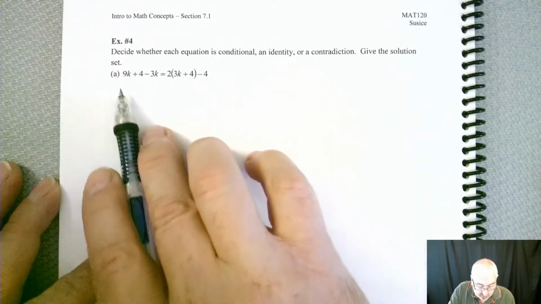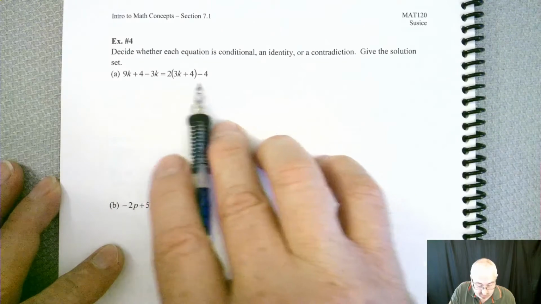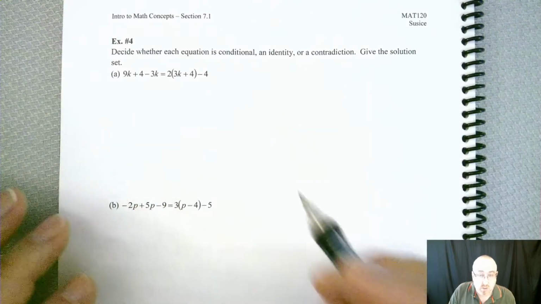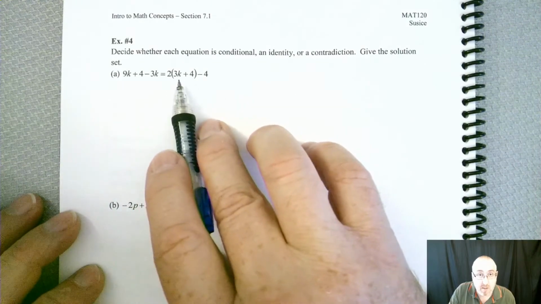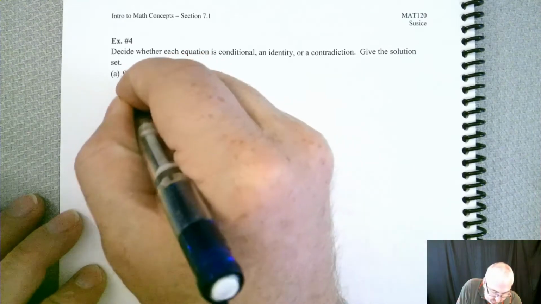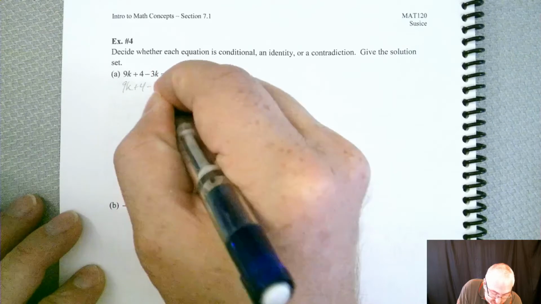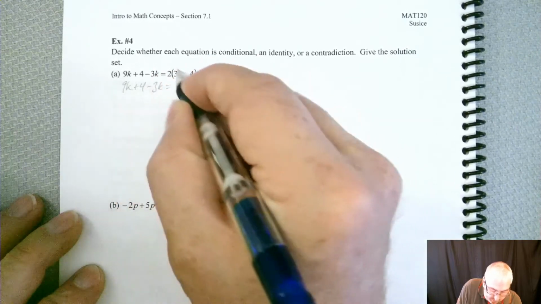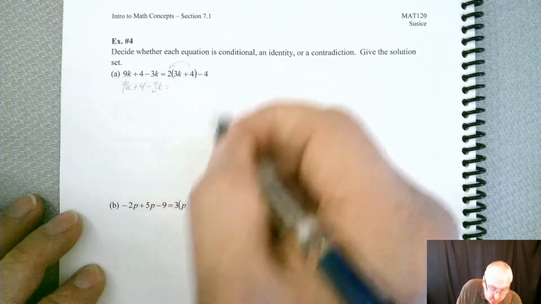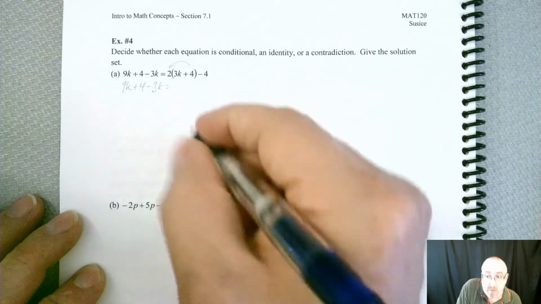We got some stuff on the left, we got some stuff on the right, and we got some parentheses. So we want to get rid of the parentheses. Let's do that first. Now we can do some combining on the left-hand side, but we'll do that in a minute. So let's distribute that 2 into the parentheses.